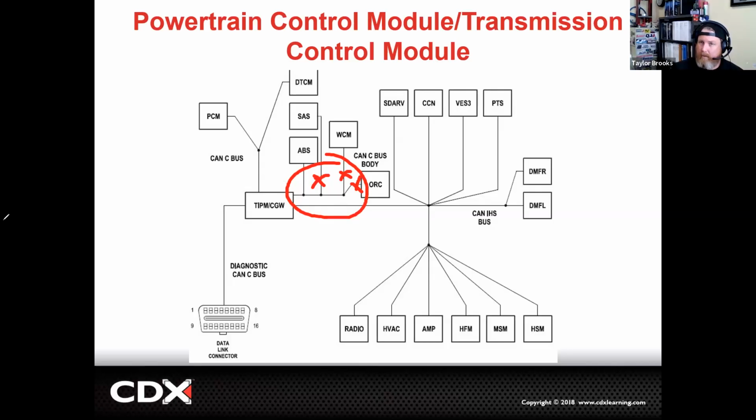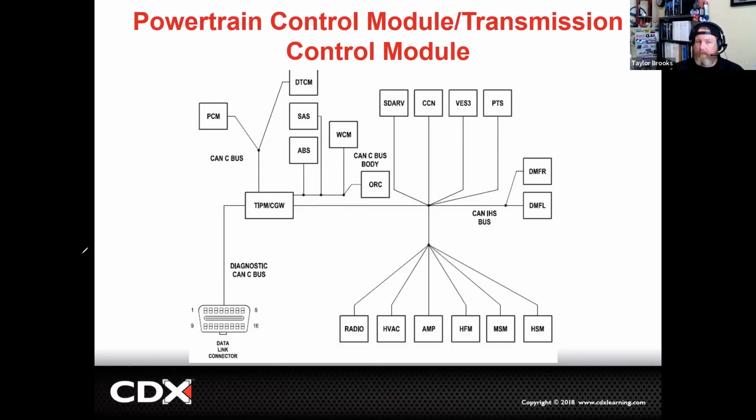Manufacturers will do that on purpose, though, so that if there is an issue in one of those safety systems, the car then goes into limp-in, and you get the full Christmas tree on the dash, and effectively that prevents the car, hopefully, from being driven with the safety system being down.